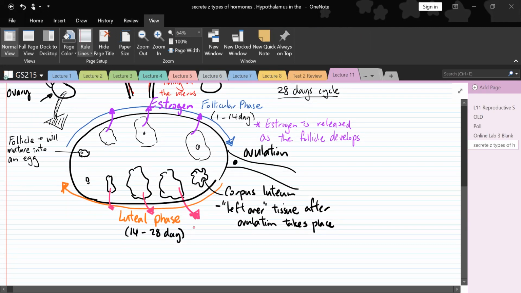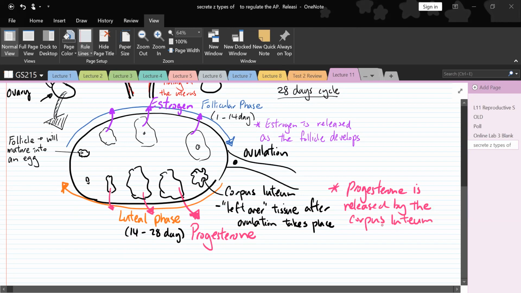Yep, that would be progesterone. So I'm just going to put it on the side here. Progesterone is released by the corpus luteum.